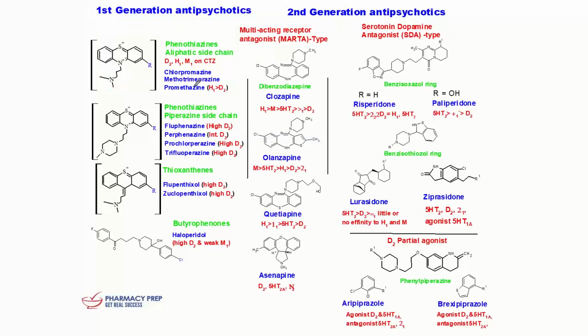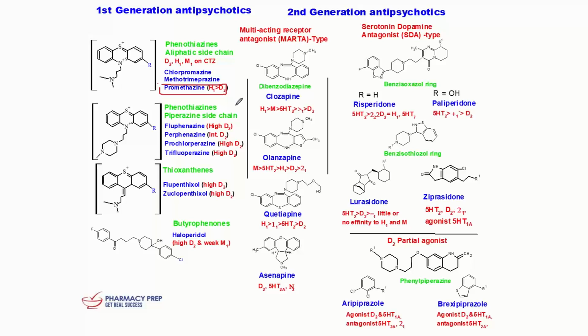The second drug in this category, the same phenothiazine aliphatic side chain group, that I like to focus on is promethazine. Promethazine is a well-known medication for the treatment of motion sickness and nausea, vomiting as well.